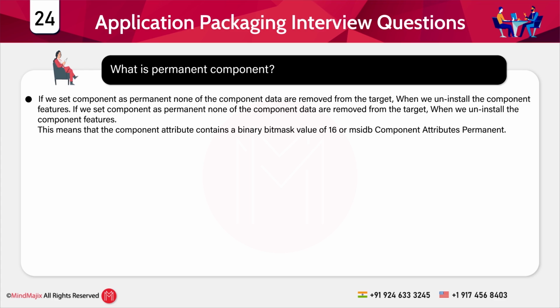Basically, when an application is getting installed, if we want a few files or folders to remain present after uninstallation, we keep that component as permanent. Then even if we do a clean uninstallation, that data will still be present.